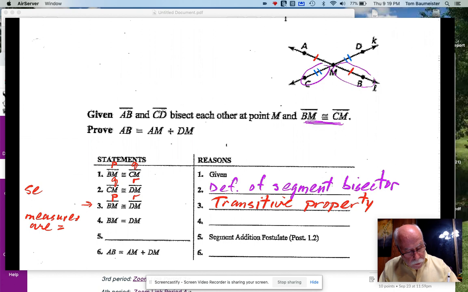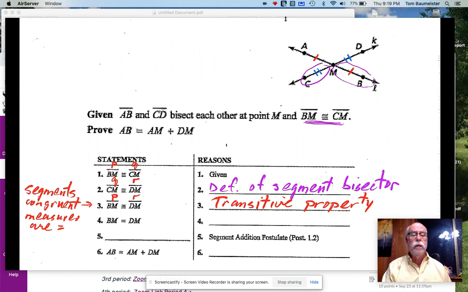Okay, segments congruent implies that the measures are equal. And again, how do we know that? By definition of congruent segments.